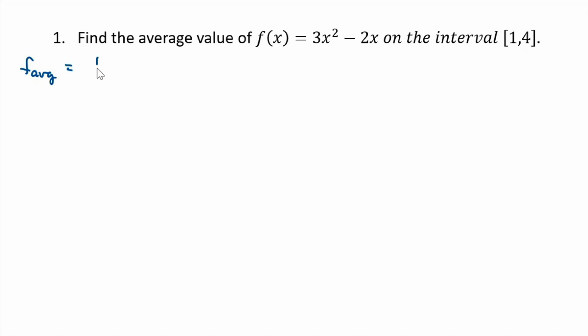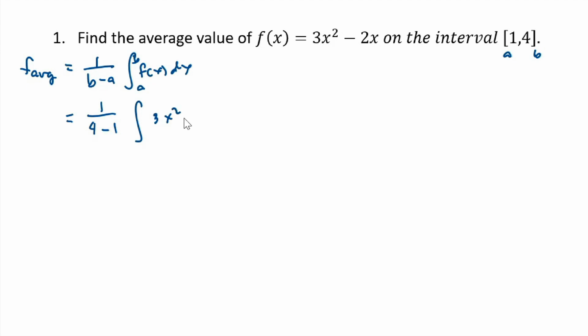This is equal to 1 over b minus a times the integral of f of x dx evaluated from a to b. So by substitution, we have 1 over, the value of a is 1 and the value of b is 4. So I can write 4 minus 1, the integral of 3x squared minus 2x dx evaluated from 1 to 4.